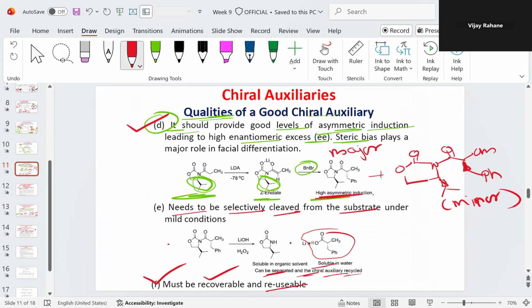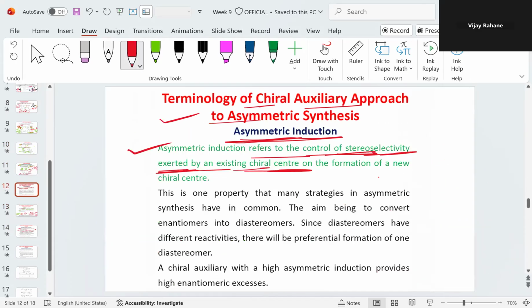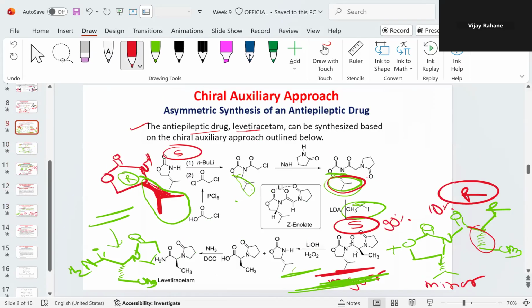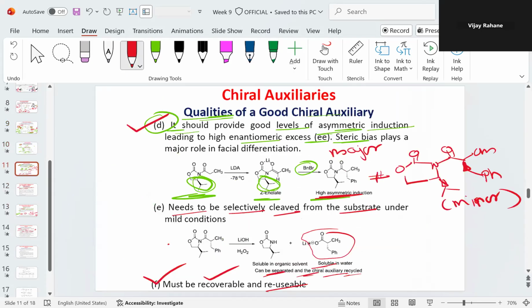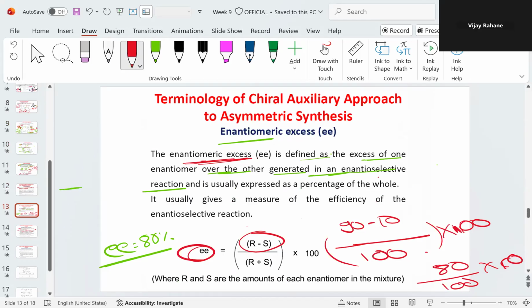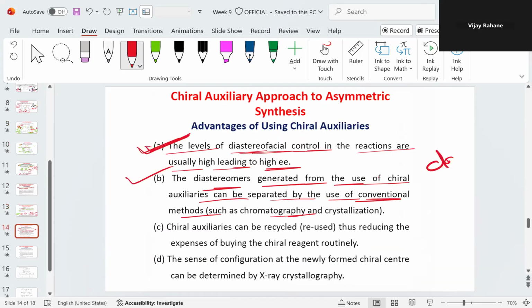In this problem we are discussing, you can see we are getting one major and one minor product. However, these two products are not enantiomers. They are diastereomers of each other, and we know diastereomers can be separated by column chromatography. Diastereomers are totally different, so they have different physical properties.